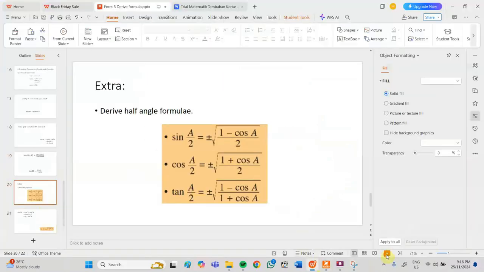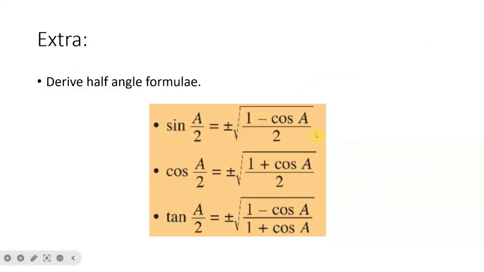And now we have an extra part where we are going to derive the half angle formula. You'll notice that this is a bit different than the earlier printed textbook because there is an errata made by the publisher. Hence, this is the latest one for the tangent a over 2.